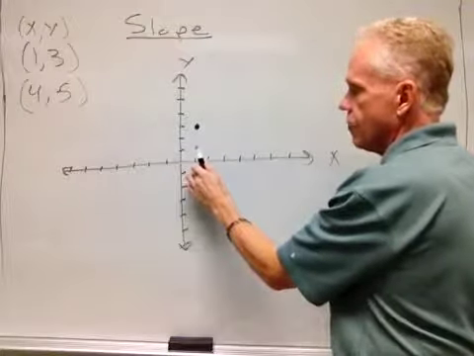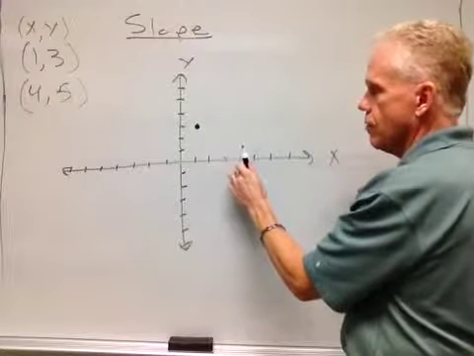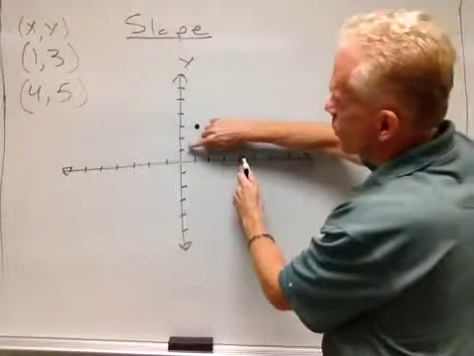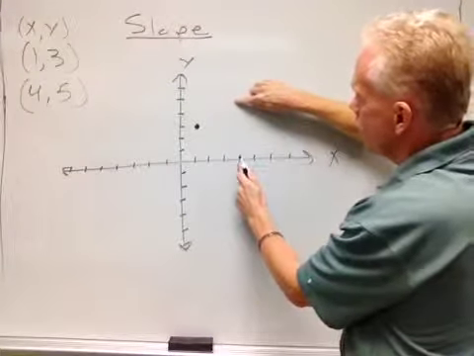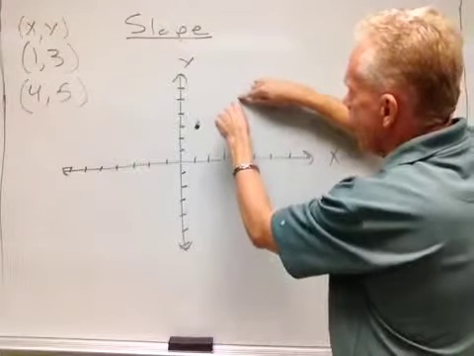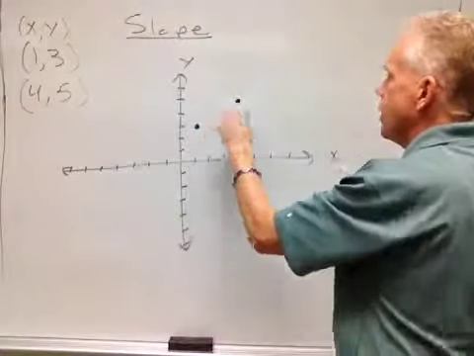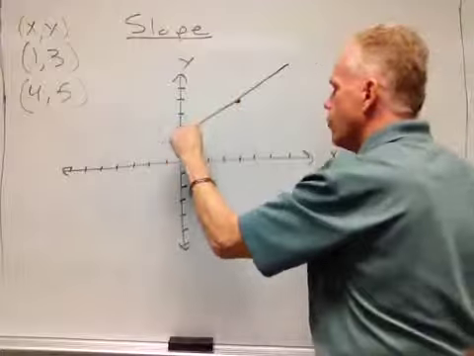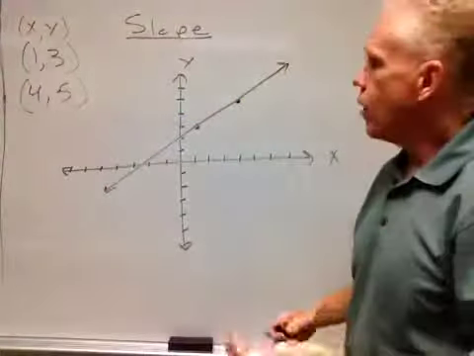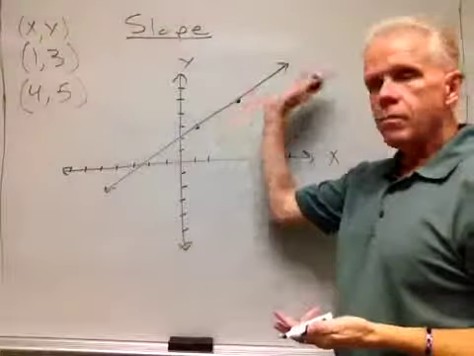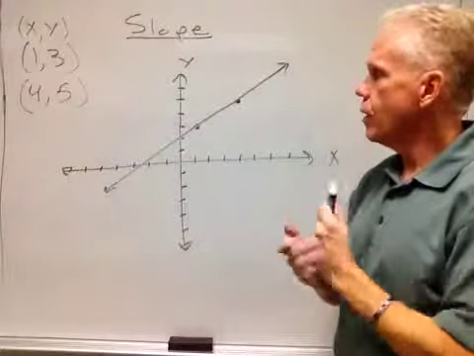This time on the x-axis we're going 1, 2, 3, 4, and on the y-axis we're going 1, 2, 3, 4, 5. And so we're looking at about here. So this, guys, is our line. All right, so notice we have an uphill slope, a positive slope is what we're expecting.